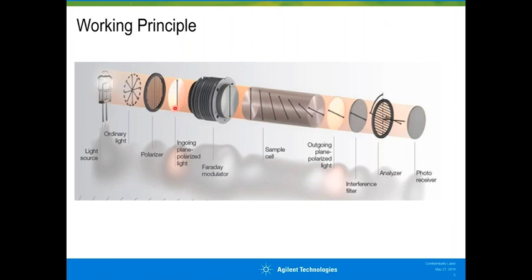Once the light is in a plane, it passes through the sample and then reaches the second polarization filter.